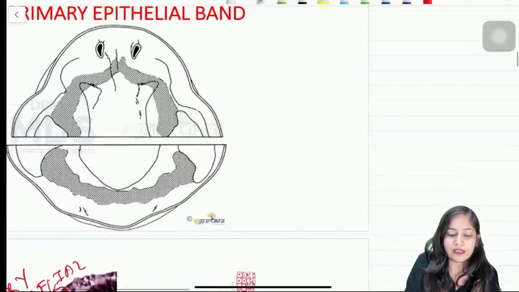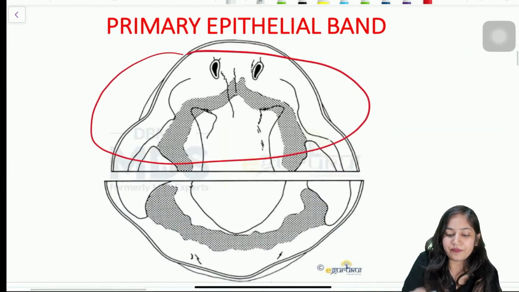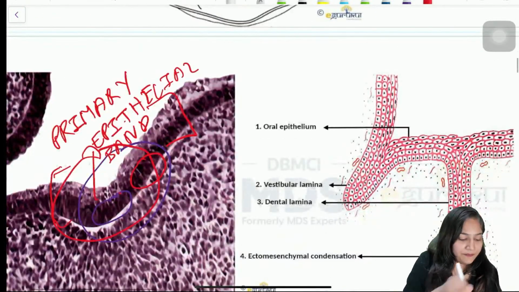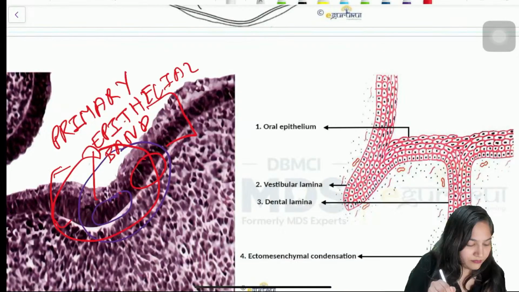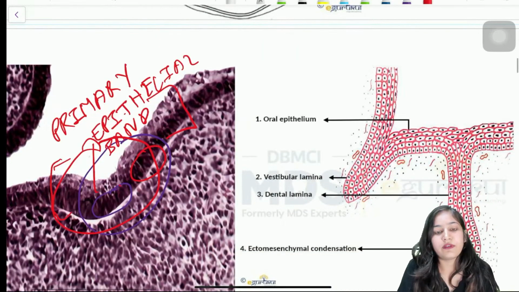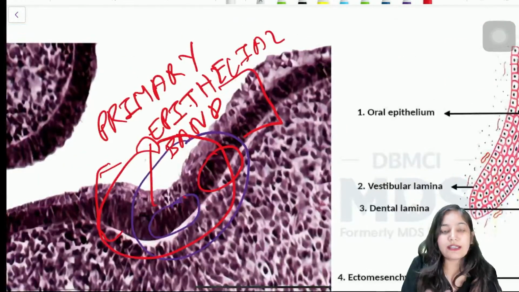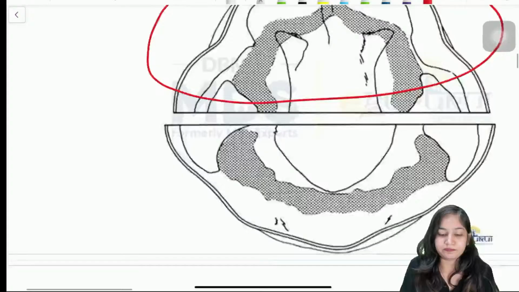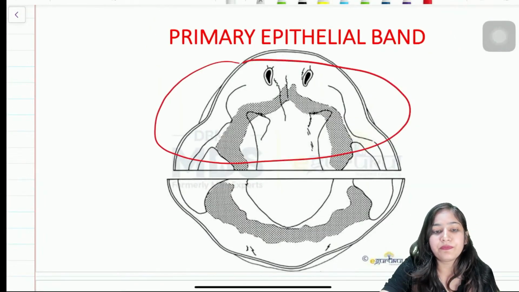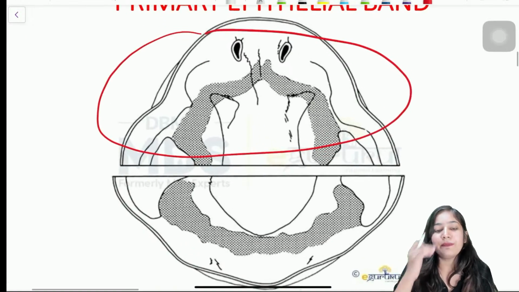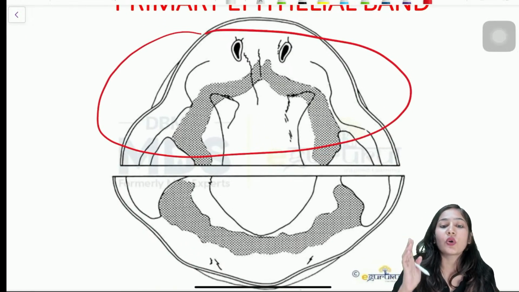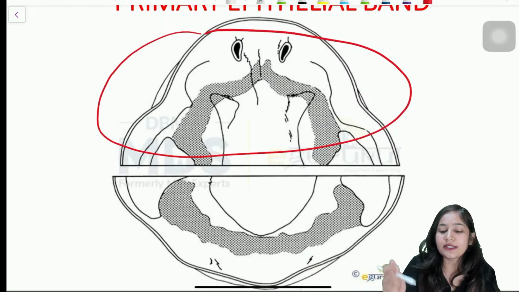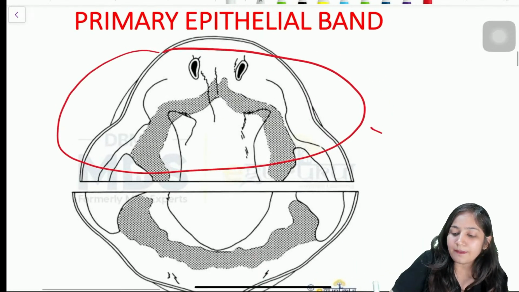Here we can see this thickened band. This is our primary epithelial band. What is this primary epithelial band? It is horseshoe shaped, as we can see in this diagram, and mainly corresponds to the location of the future dental arches, such as the maxilla and mandible.